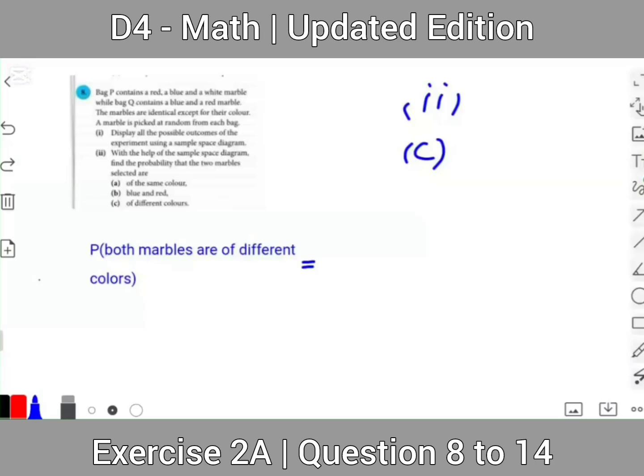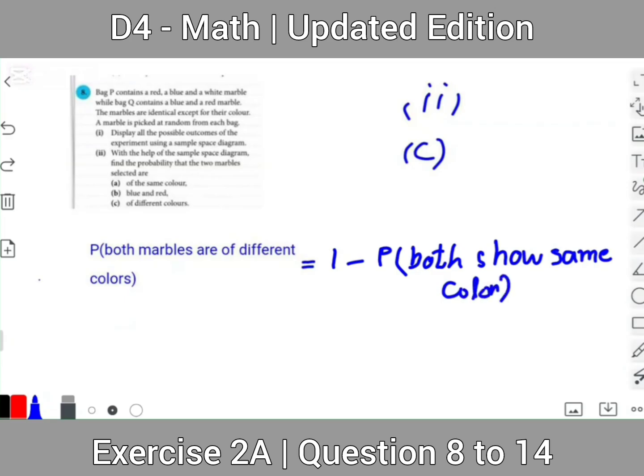So part C, we have to find the probability that the two marbles selected are of different colors. So to find this, we will just use the probability that both marbles are of the same color. So we'll simply subtract the probability that both show the same color from 1 to find the probability that both marbles are of different color.